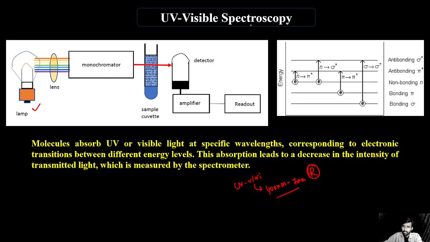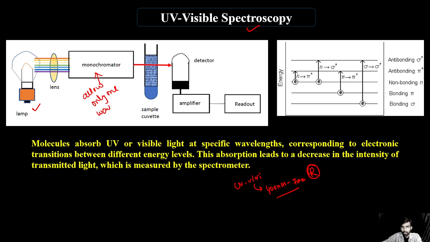Now we will focus mainly on UV visible spectroscopy, and this is the lamp here. From the lamp, we know violet, green, blue, red, everything is emitted. Then one monochromator is there. The monochromator will allow only one wavelength. So if there are seven wavelengths, it will allow only one.